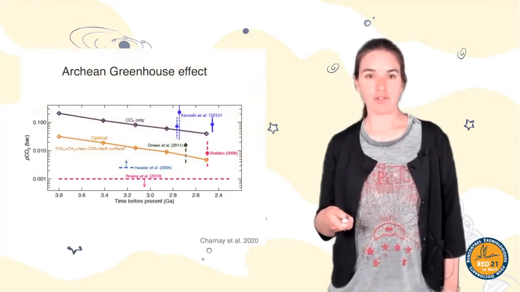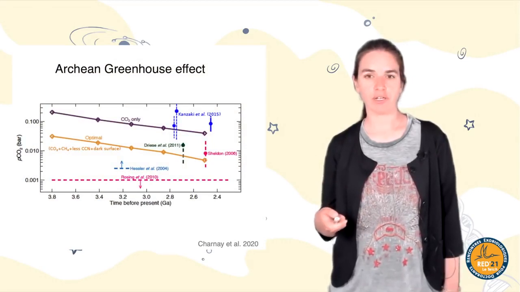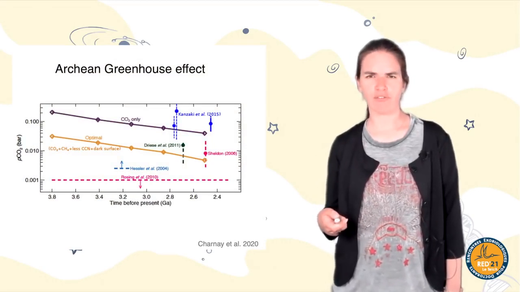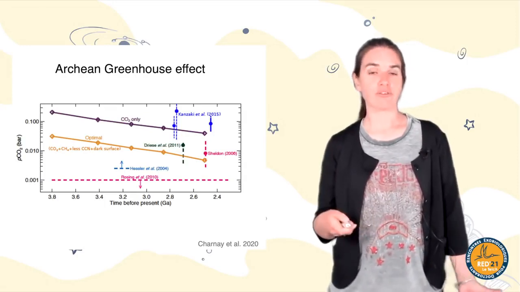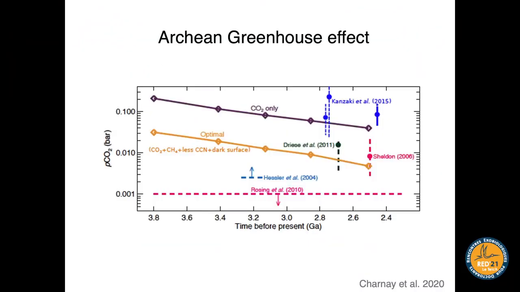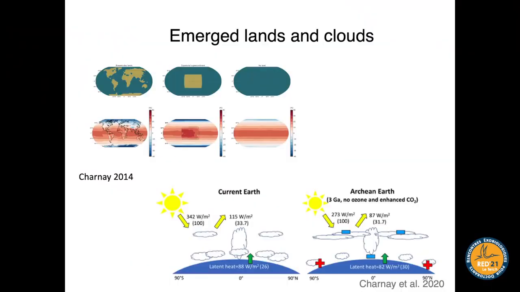And this is illustrated here: today we all know that we have a greenhouse effect that is getting stronger and stronger. But during the Archean, we had a much stronger greenhouse effect, with possibly a lot more CO2 in the atmosphere and weaker solar radiation. And the Archean greenhouse effect can be modeled by different global climatic systems.